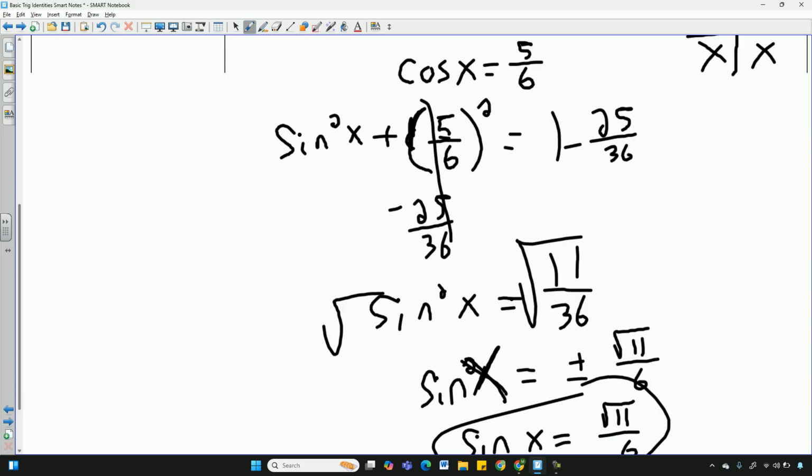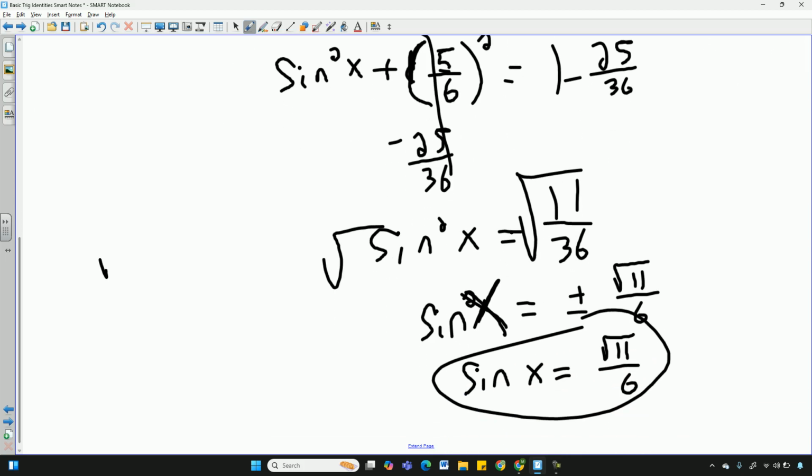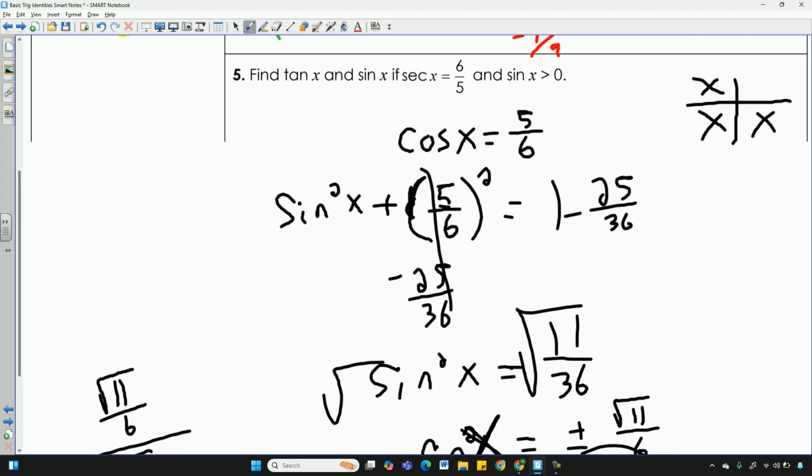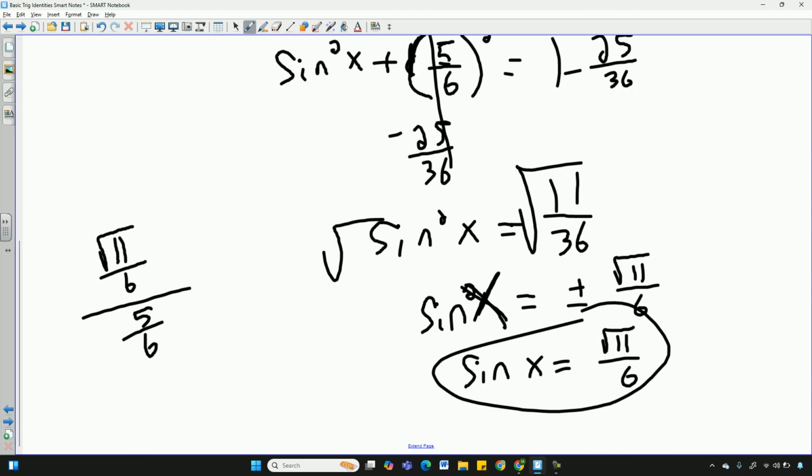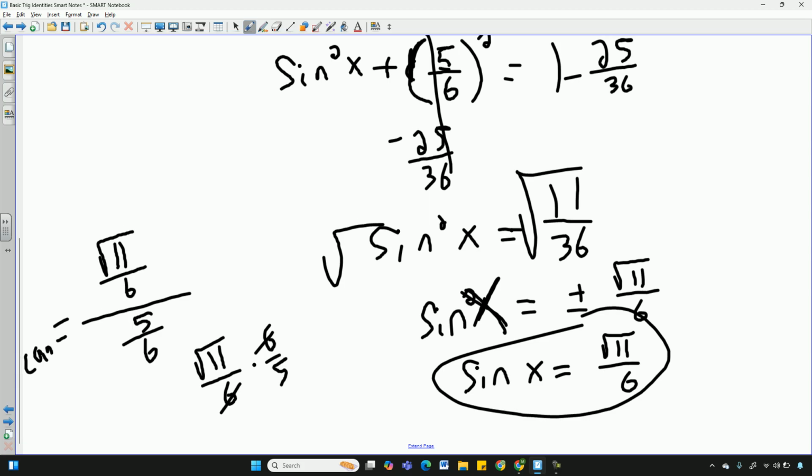Root 11 over 6 over 5 over 6. This should be tangent. That's sine over cosine. So again, sorry about a little bit of sloppiness here.